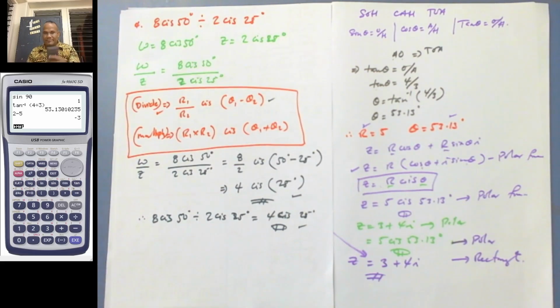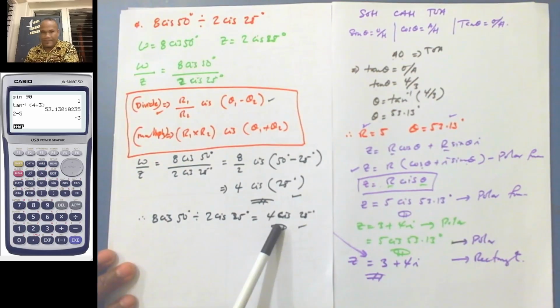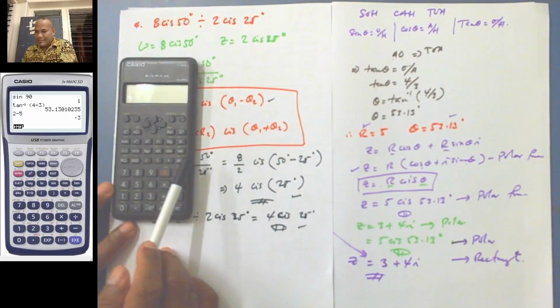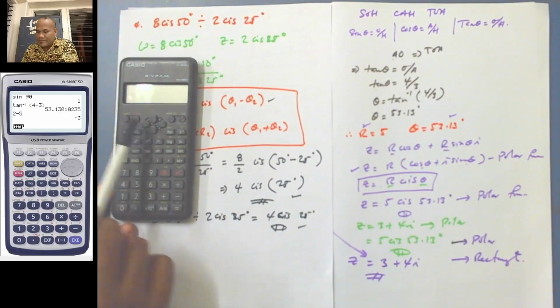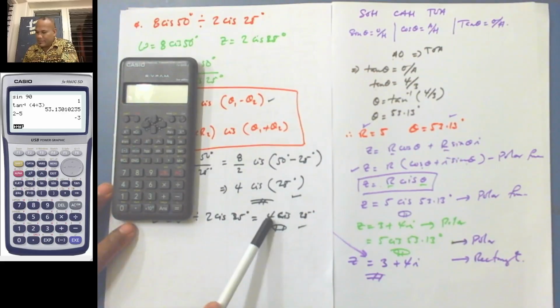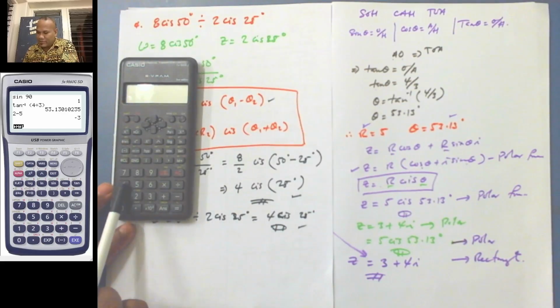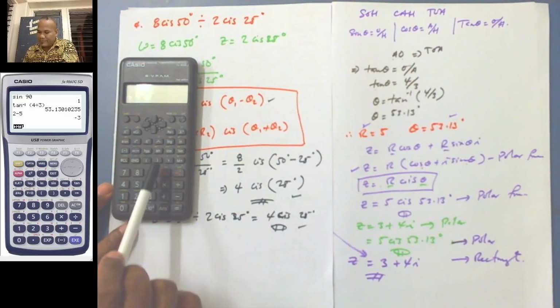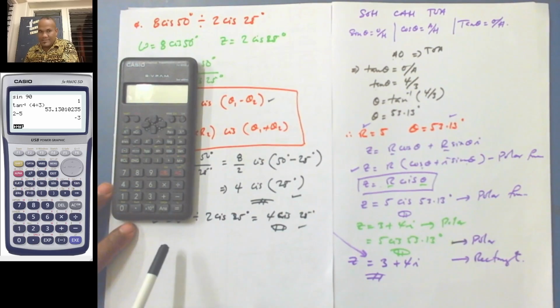My calculator is now not working, but you're able to convert this to rectangular. Press shift rectangular, then 4 comma 25, close the bracket, equals.